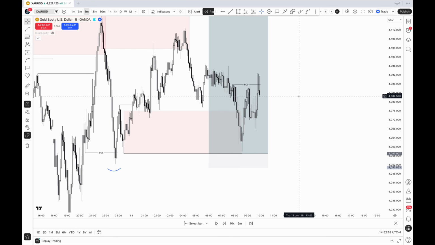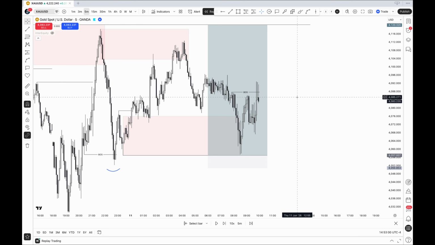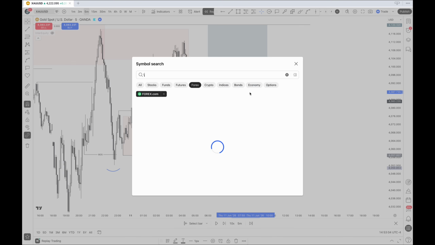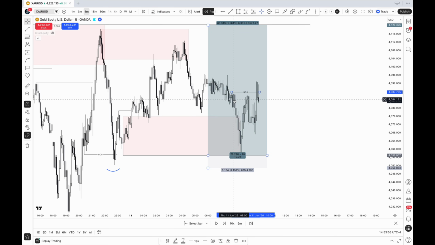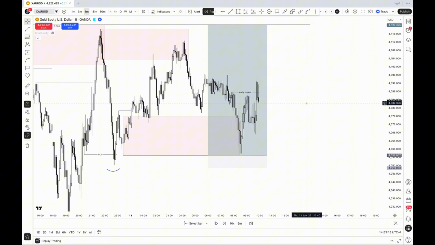So whenever I see this happen, that lets me know that this is enticing or inducing buyers into the market, early buyers at that. So instead of marking it as break of structure, sorry about that, let's mark it as early buyers. Early buyers.